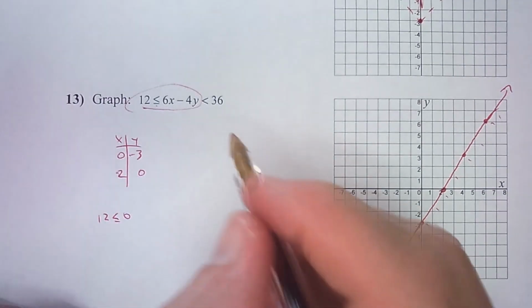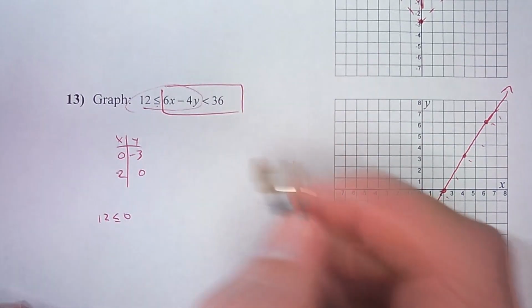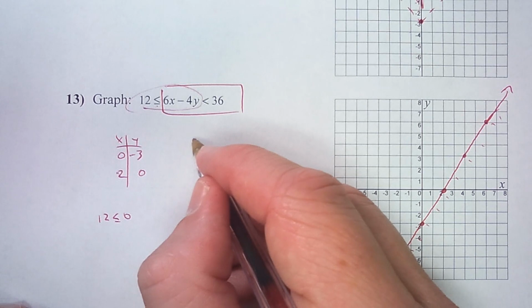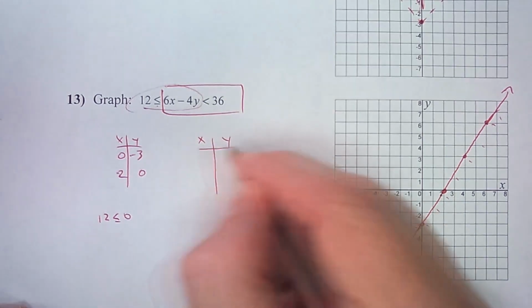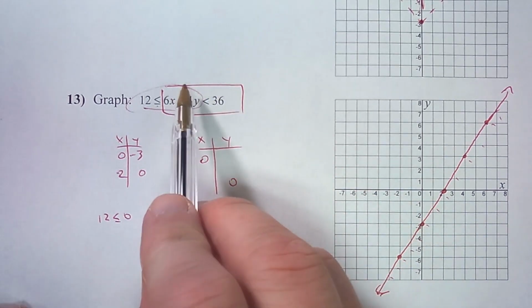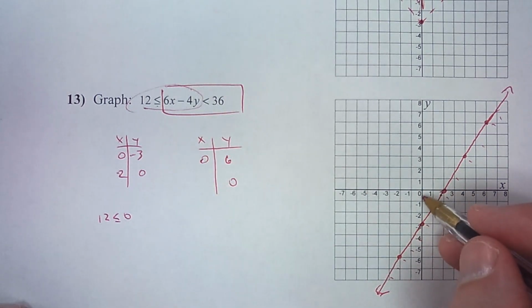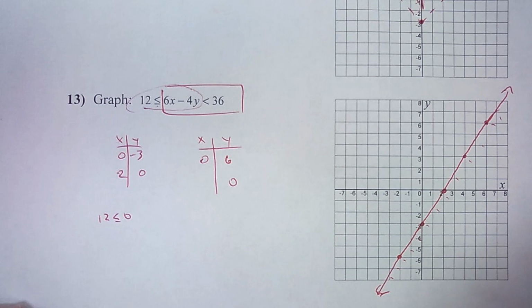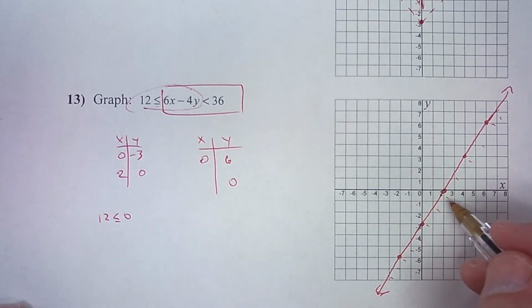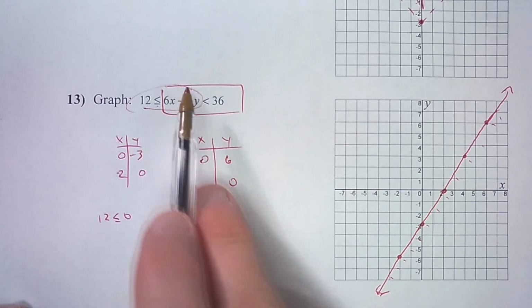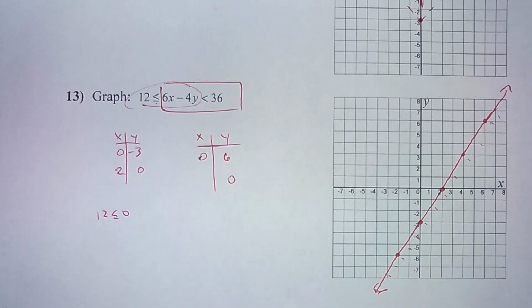Okay, then I have an inequality here, so I put in my zeros for X and Y. 36 divided by 6 is 6, so I have 0, 6. I put the 0 in the wrong spot there. I put that 6 in the wrong spot.